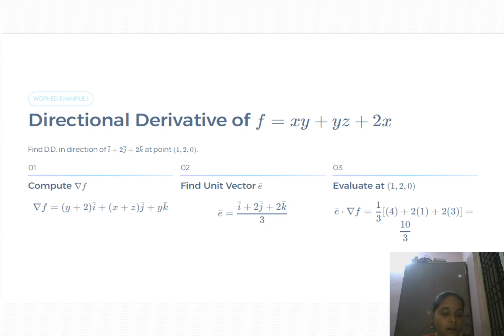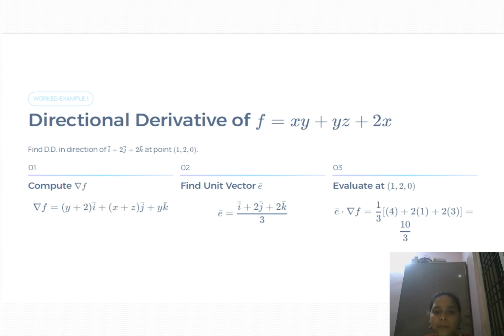So now we'll find gradient del f is equal to i bar dou f by dou x plus j bar dou f by dou y plus k bar dou f by dou z. Now here the f is equal to xy plus yz plus 2x.